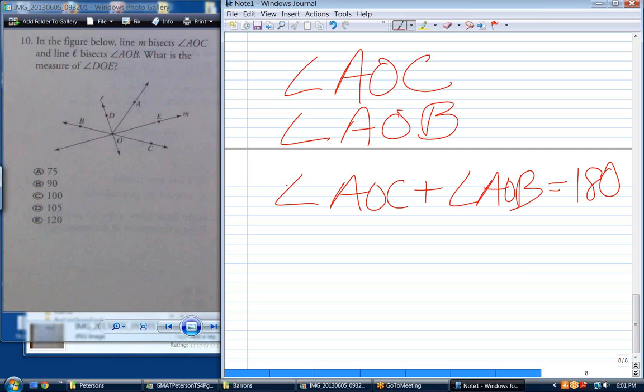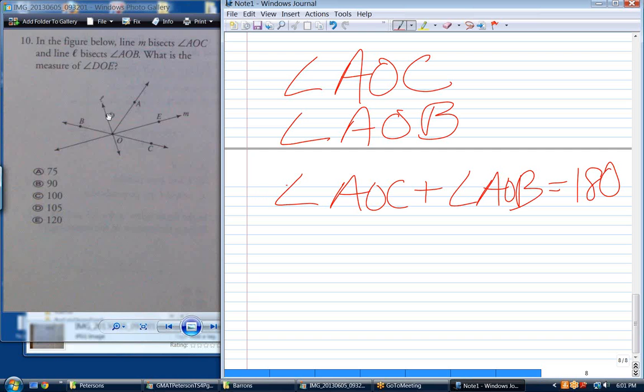Oh, I get it. Because they're linear. In other words, BC is a straight line. Yeah, it looks confusing. So now, in other words, they want to know what DOE is.